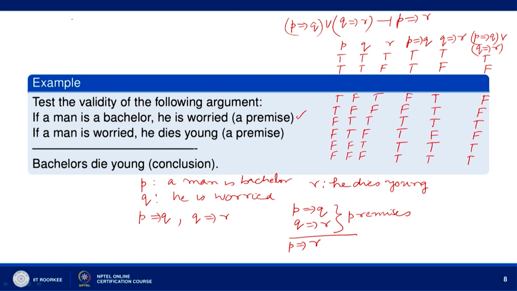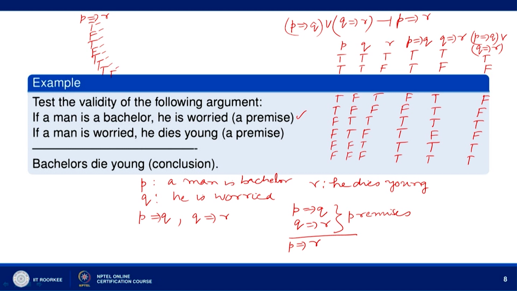Now, we write the truth values of P implies R. So, P implies R, T T gives T, then we have T F gives F, then we have T T gives T, then we have T F gives F, then we have F T gives T, F T gives T, F F gives T, and then we have F T gives T, and then we have F F gives T. So, these are 8 values 1, 2, 3, 4, 5, 6, 7, 8.